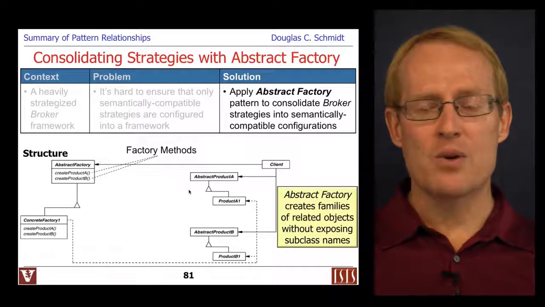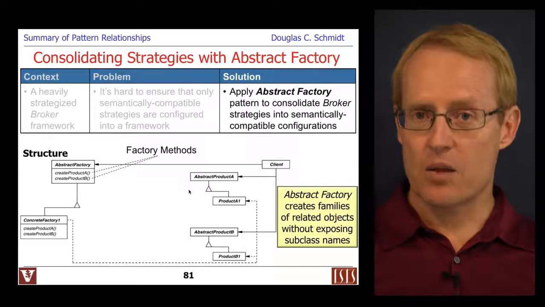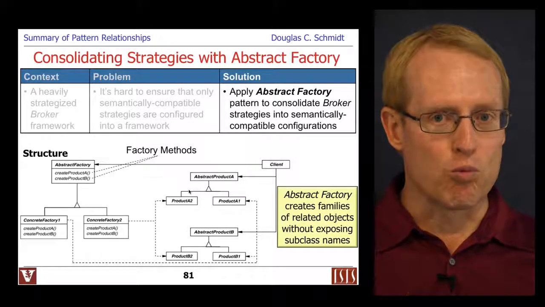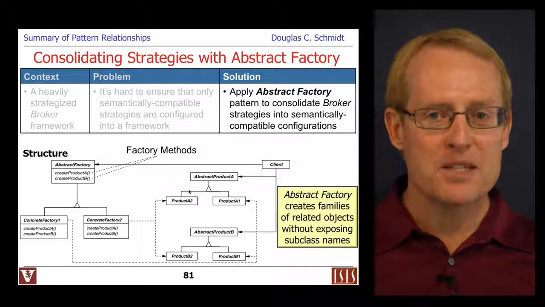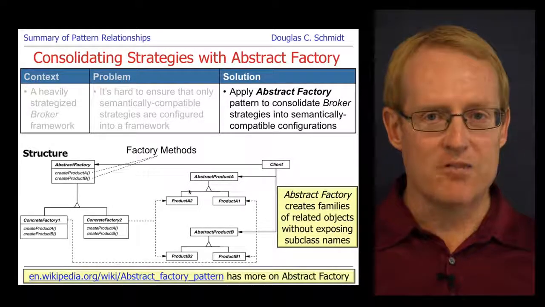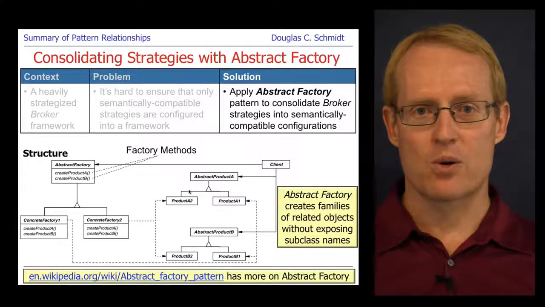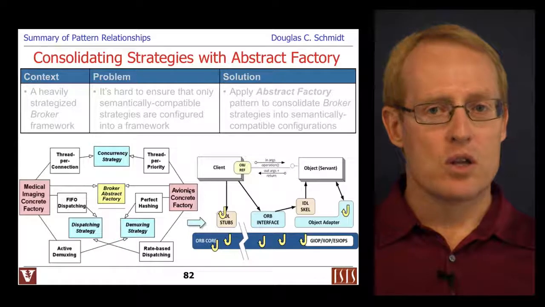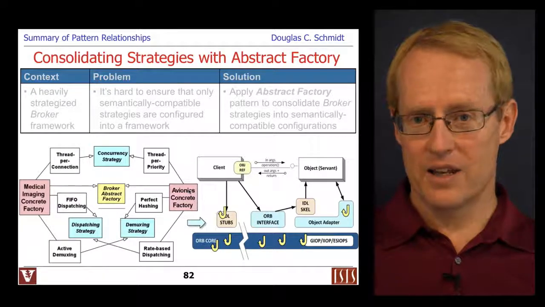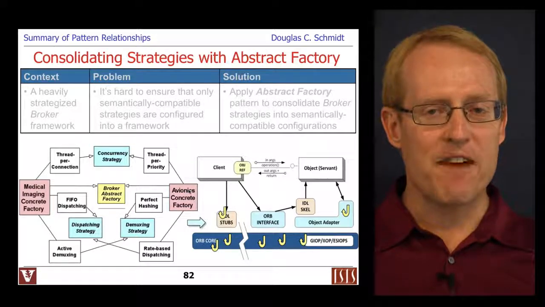And then you can subclass the abstract factory to make one or more concrete factories that create the right kind of products that make sense when used together. Once again, you can find more information about the abstract factory in the Gang of Four book or other resources on the web.